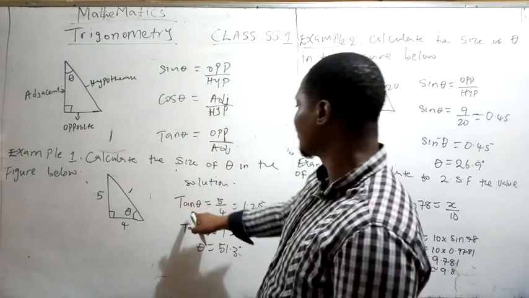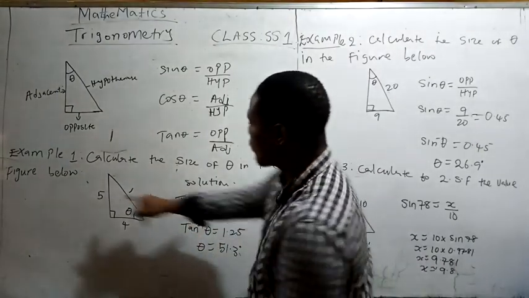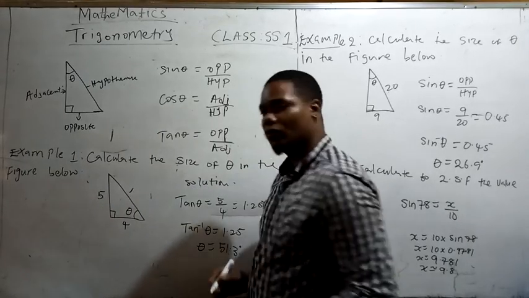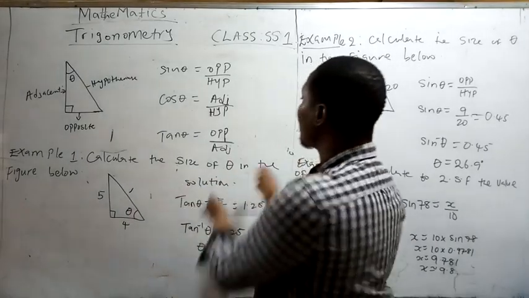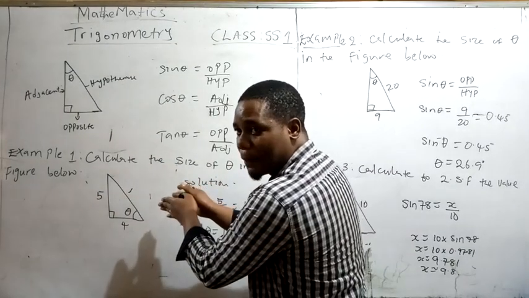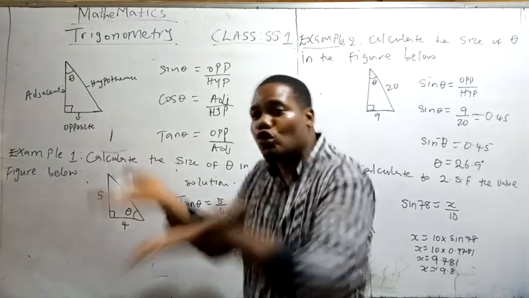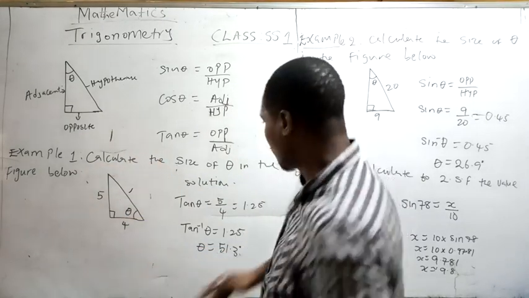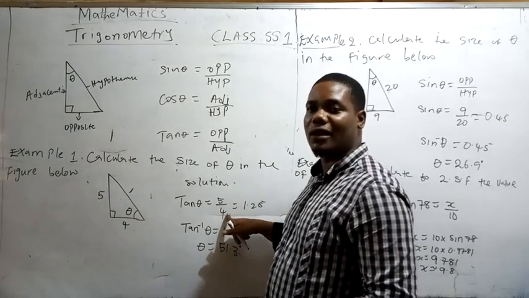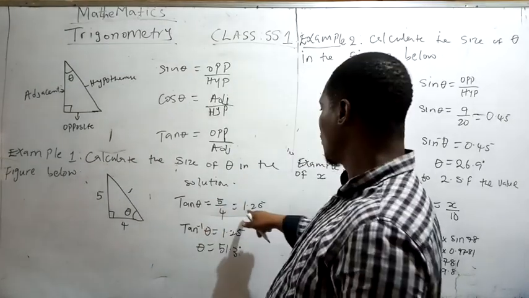Good. Tan theta is opposite over adjacent. Remember, the question says we should calculate the size. How large is that angle theta that we are looking for? We want to know how big it is. So, bringing it down, you convert this to decimal, and changing it to decimal, we have 1.25.